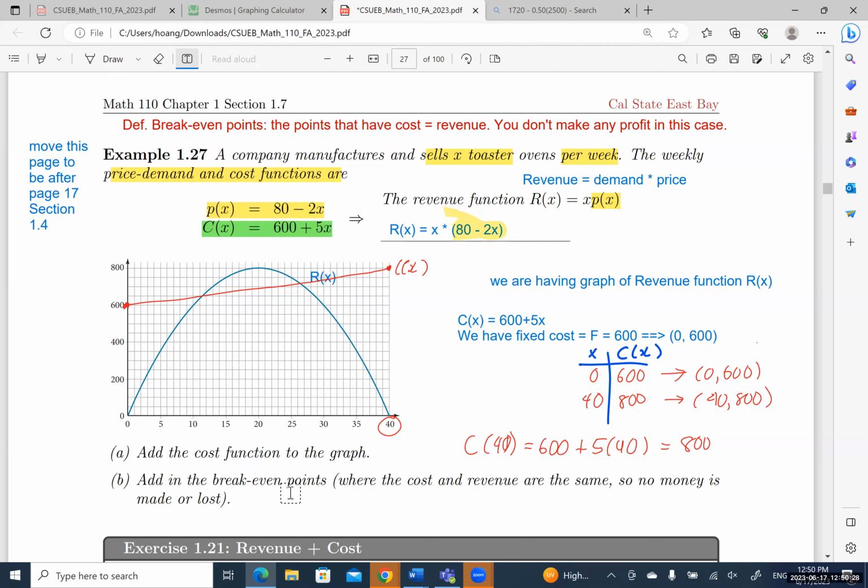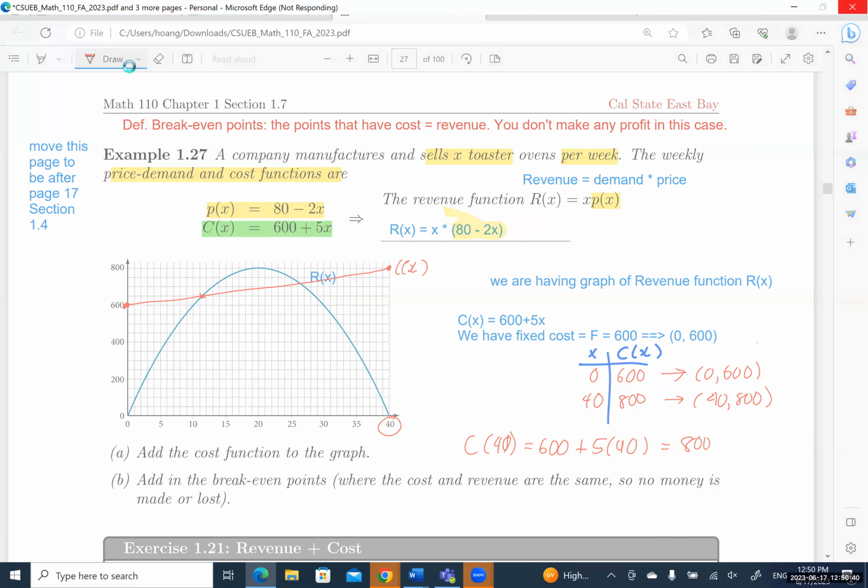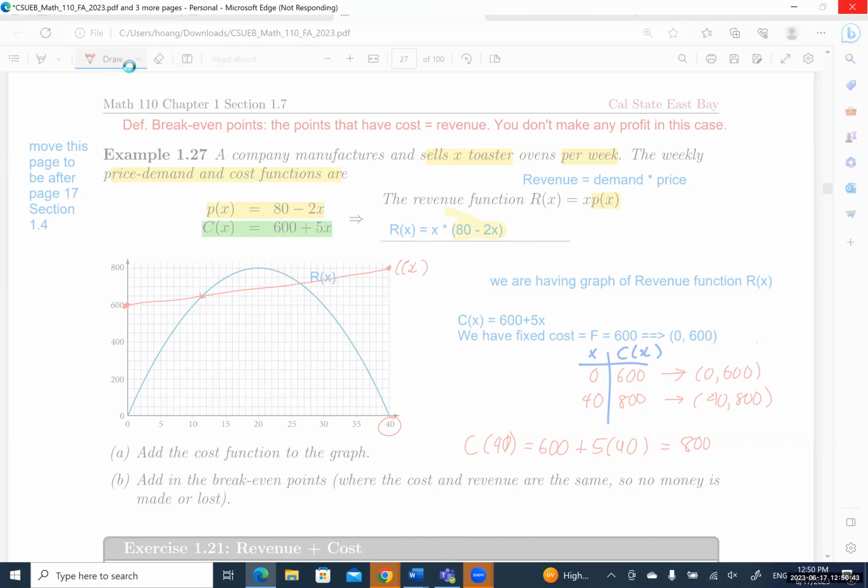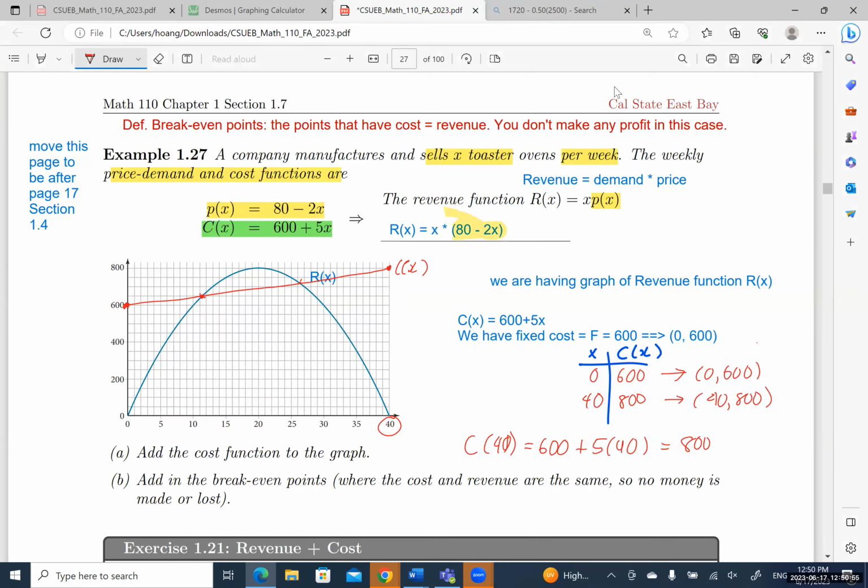So you will see right away the point over here. There are 2 points on the graph. Okay, I'll group approximately. Let's see what this is.